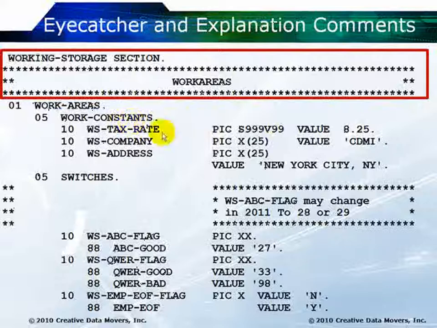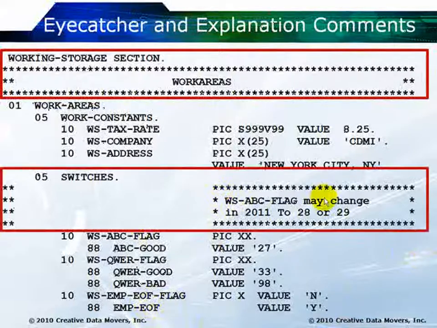My first one is some work constants, in which case I have a tax rate, a company name, a company address, things that probably won't change as I'm running my program. Also a bunch of switches to indicate whether something is good or bad, or EOF, which is a common thing that stands for end of file. We'll see that in the last module of this course.